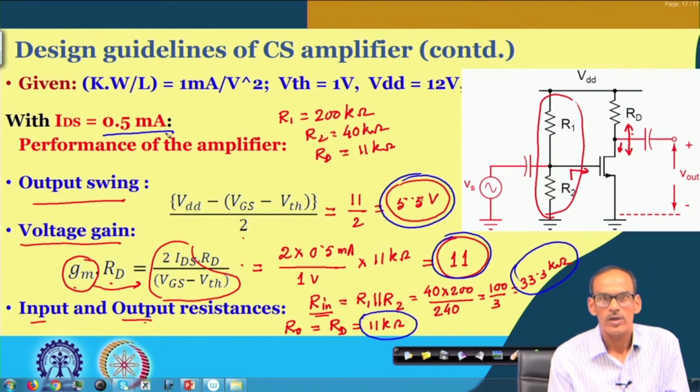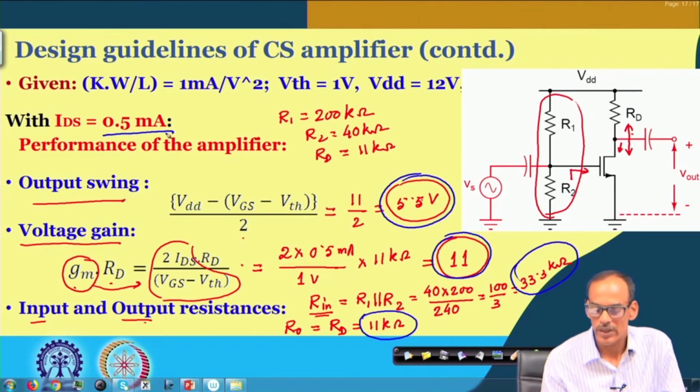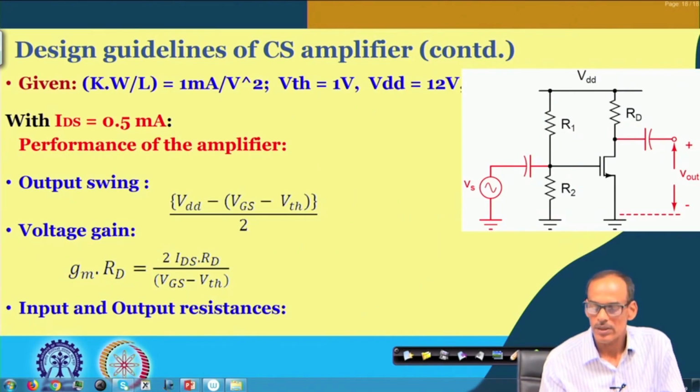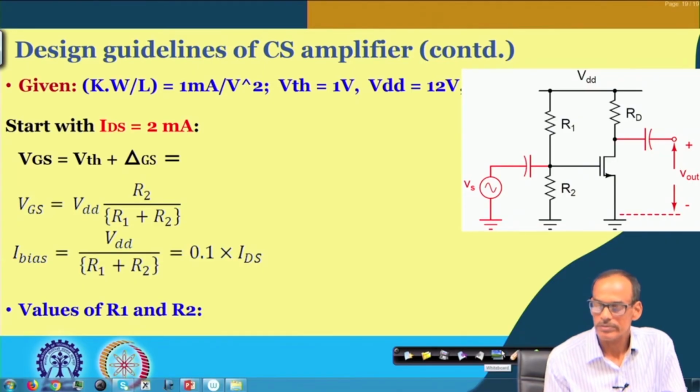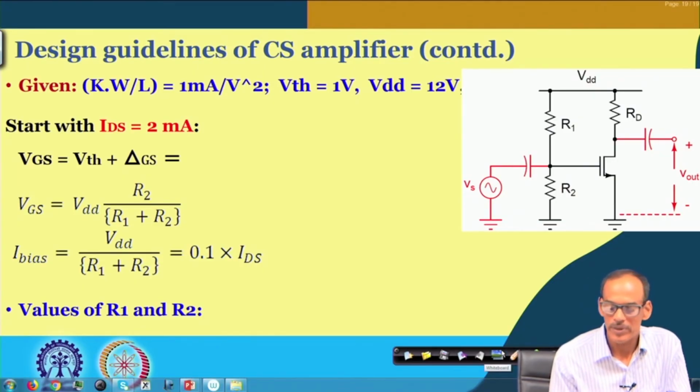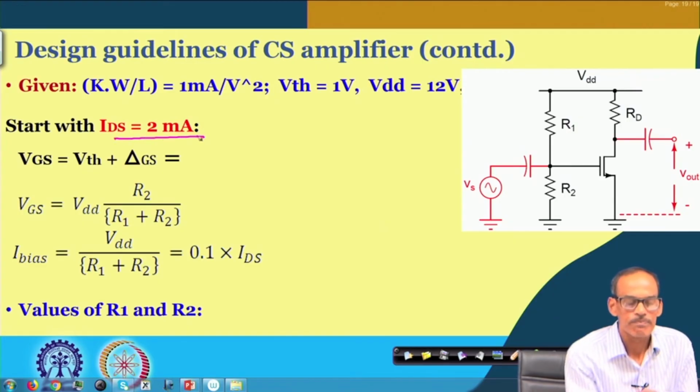Maybe you can work out yourself by targeting a different current, and let us see what may be possible. So, in case instead of considering current 0.5 milliampere, now if you say target current of maybe 2 milliampere.